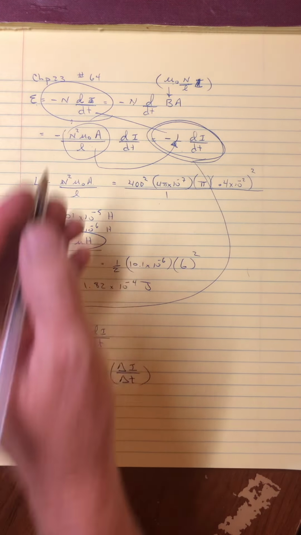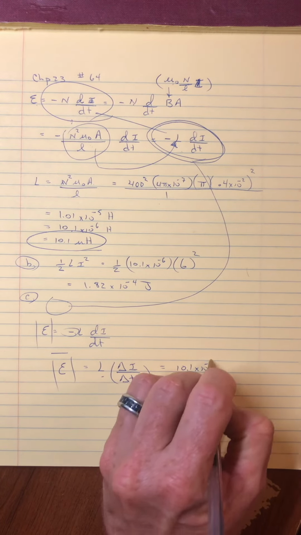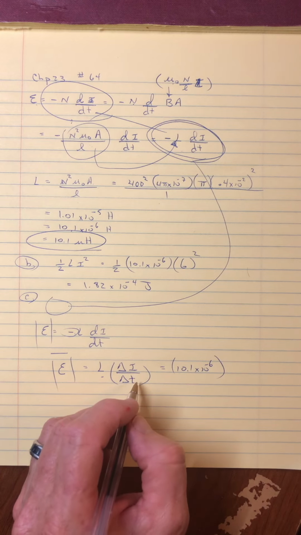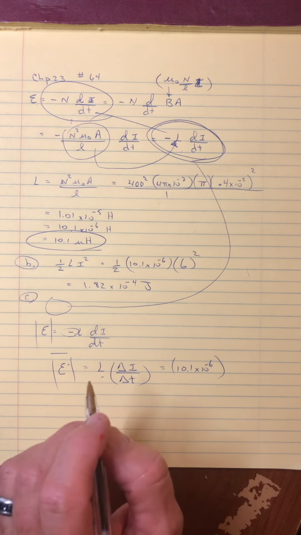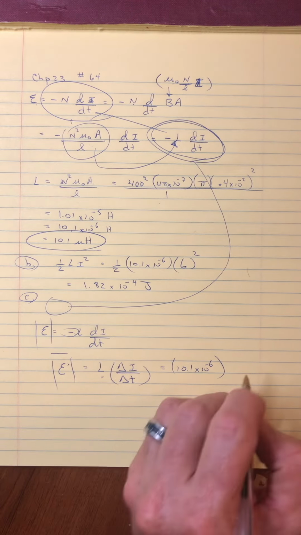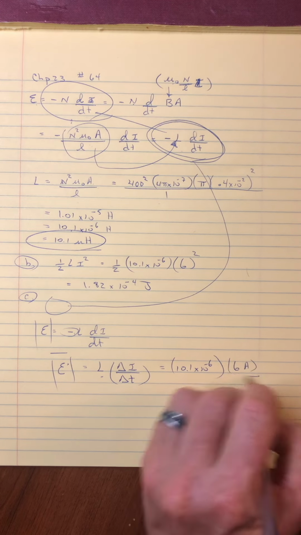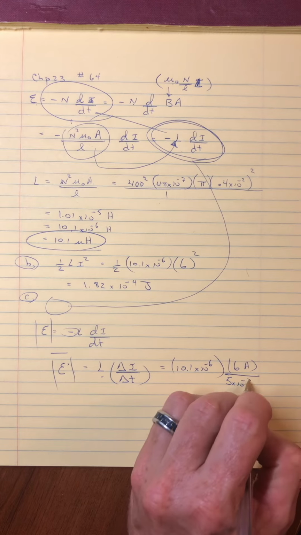And the L we've already been doing. So the L is the 10.1 microhenries. And here they say, what is the average EMF produced in shutting it off? So the change in current would be 6 amps. And we shut it off in 5 milliseconds.